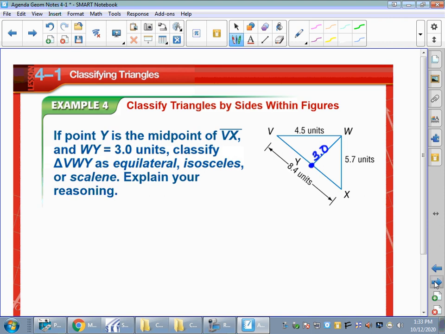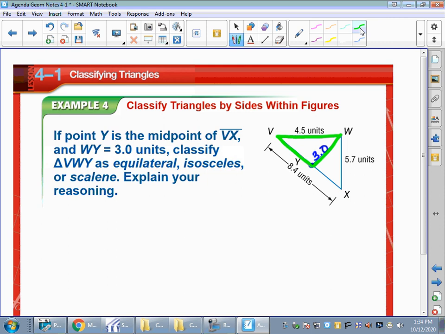Classify triangle VWY. So this triangle right here by its sides. So equilateral, isosceles, or scalene. So equilateral, 3 congruent sides. What is the length of VY?